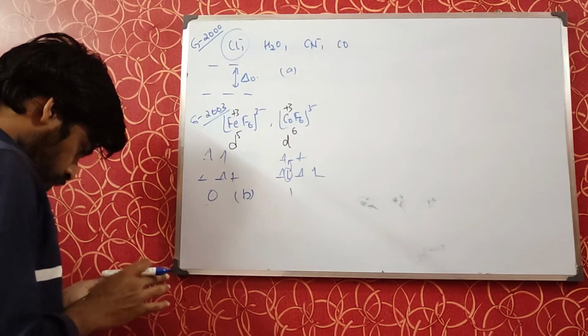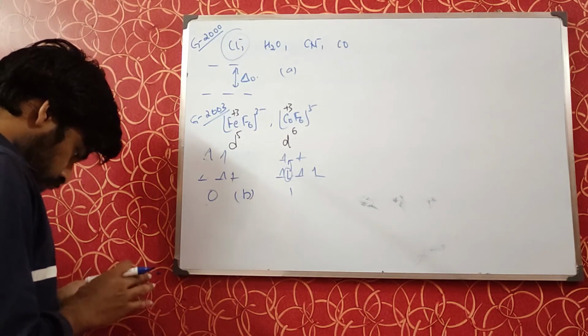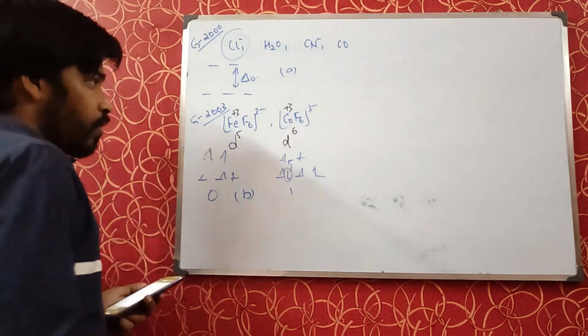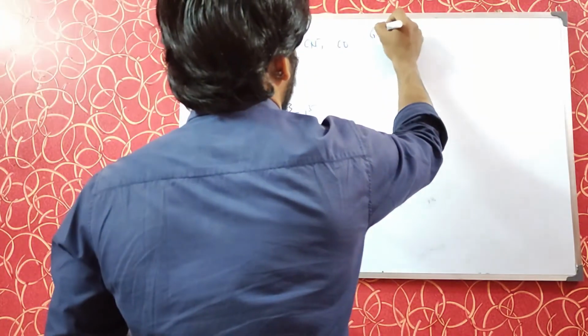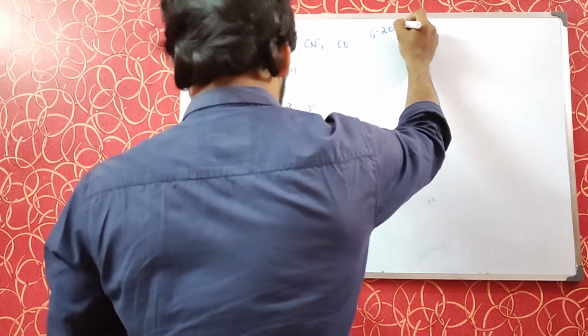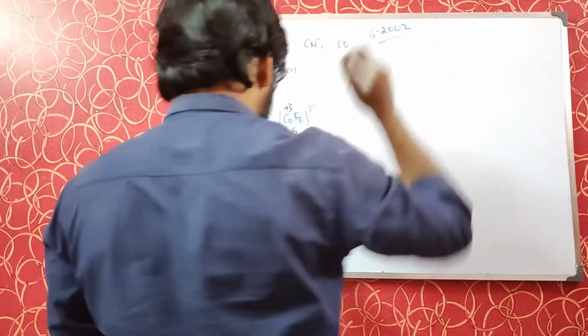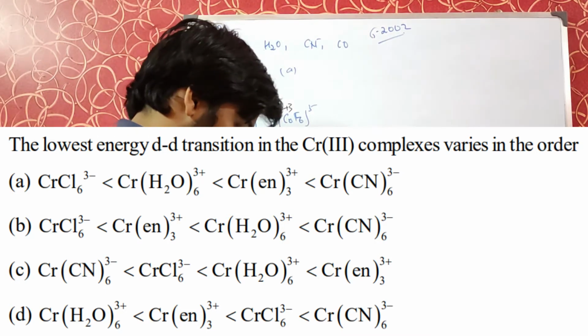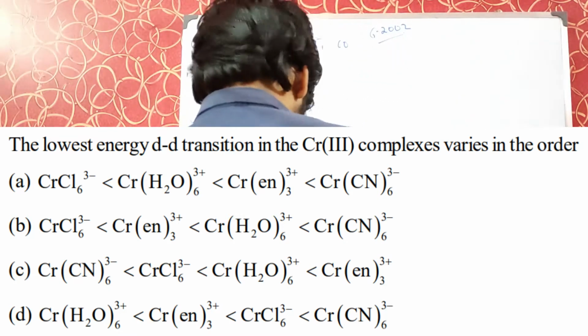Okay. What is the next question? The next question we have is from GATE 2002. So the question says the lowest energy d-d transition in the copper 3 complexes varies in the order. Now you have copper 3 complexes or octahedral complexes.